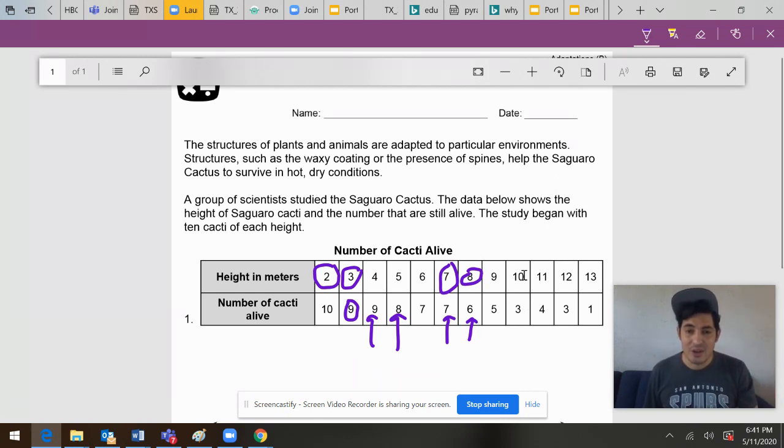So as you notice the table, every time the height went up, so for the groups that had taller plants, they tended to have more cacti plants that died off. Okay, the shorter plants pretty much survived. For example, the 2-meter plants, all of them survived.